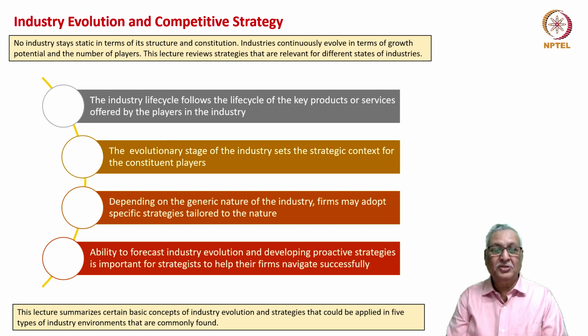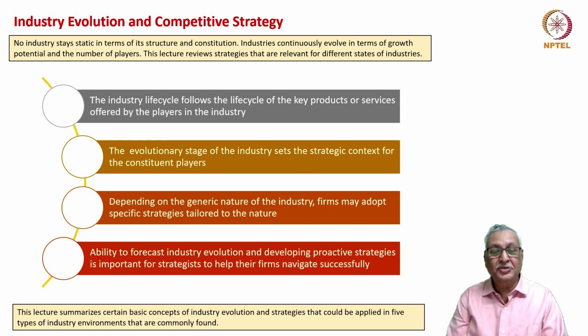We also discussed that the evolutionary stage of the industry sets the strategic context for the constituent players. Depending upon that stage of the industry, firms may adopt different strategies tailored to the nature. Ability to forecast industry evolution and develop strategies that are suited to industrial evolution is one of the strategy's core competencies.